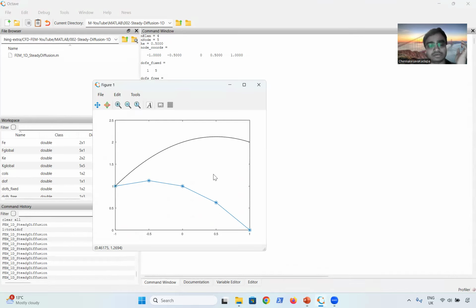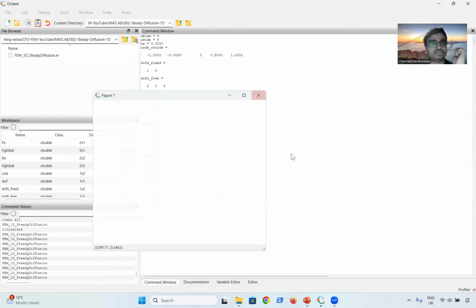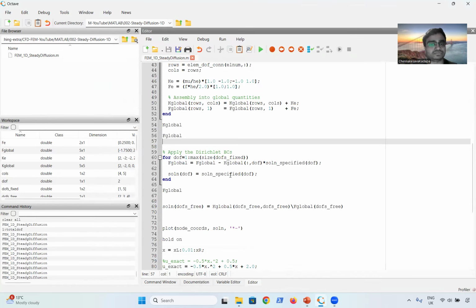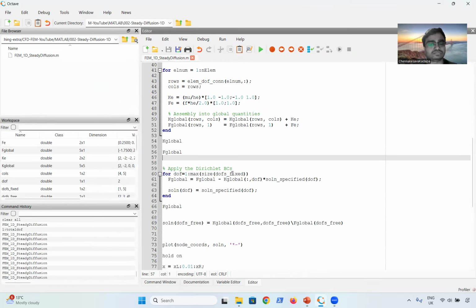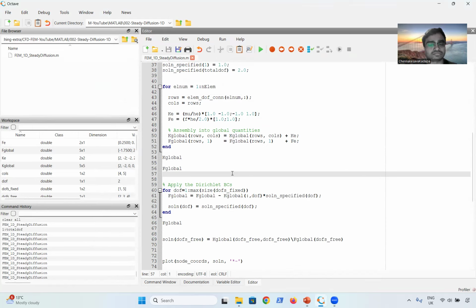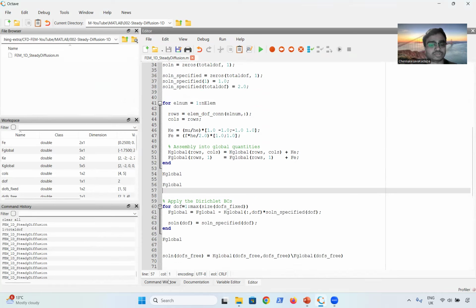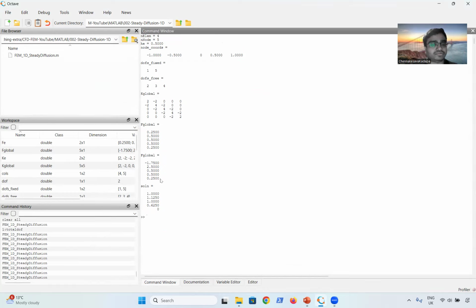Now let's see. Something is wrong. So if something goes wrong, you can easily check here. Something is not adding up.